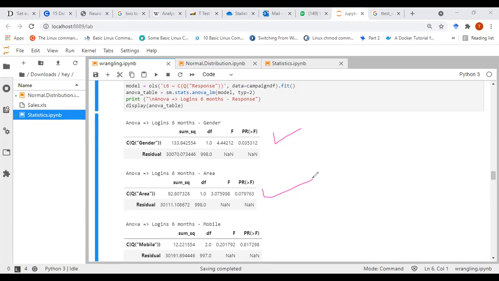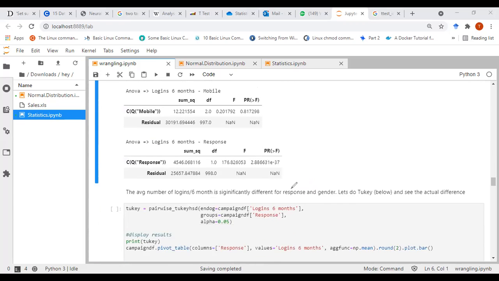There is a significant difference in gender-based login. The gender is also varying. Males and females are different. Males and females are showing a different 6 monthly login behavior. The 6 monthly login behavior is also different for the area as well as for the response.